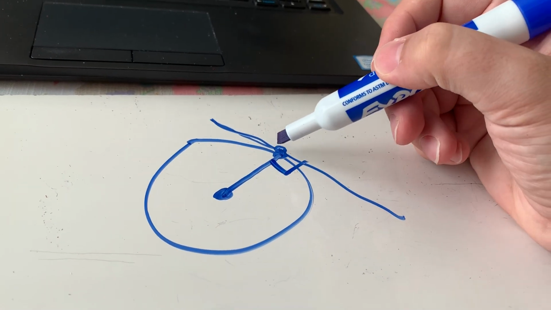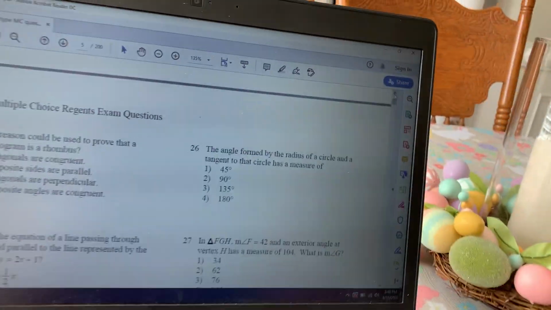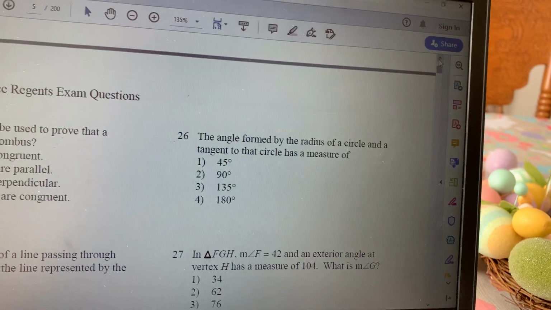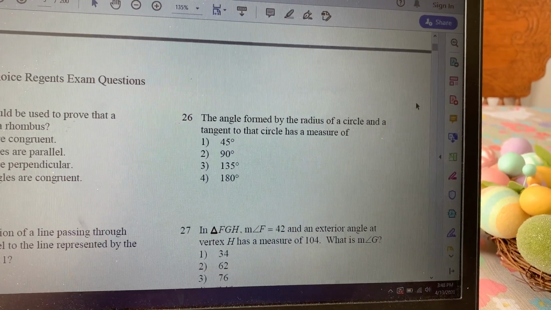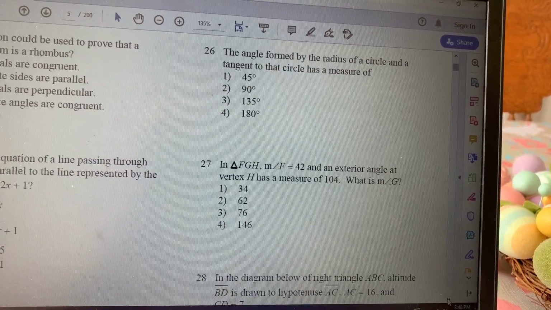Because this is straight going out, this is straight going out, and that would connect to be my hypotenuse, all right? So that one's going to be 90. Again, it's not one we kind of skipped over, but now you know. All right, so you need to put down answer choice 2, answer choice B, however you're saying it.